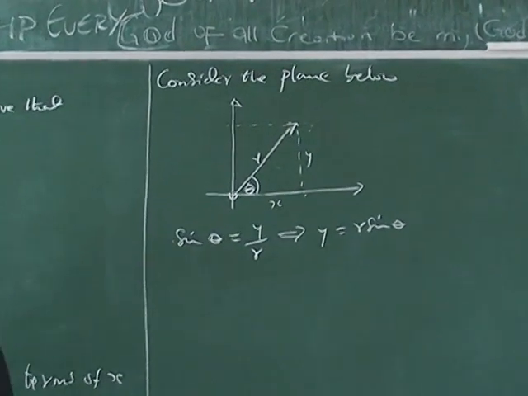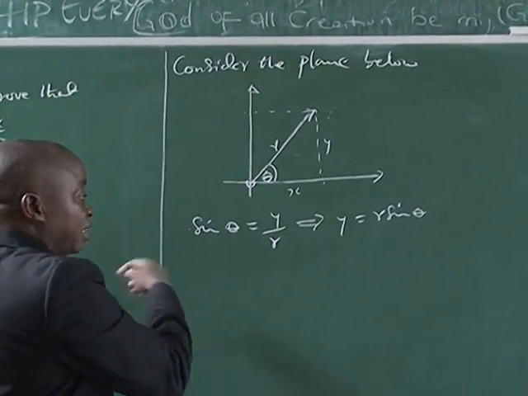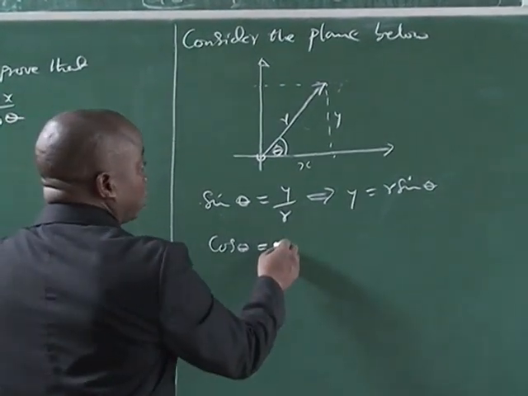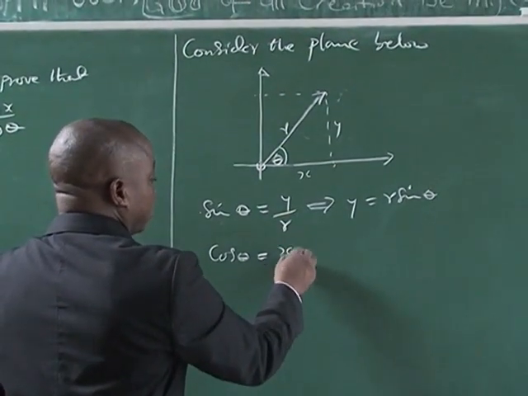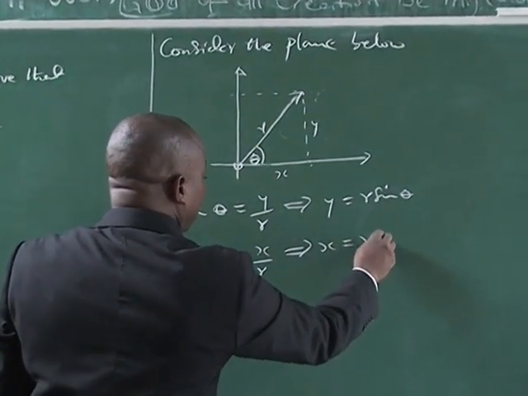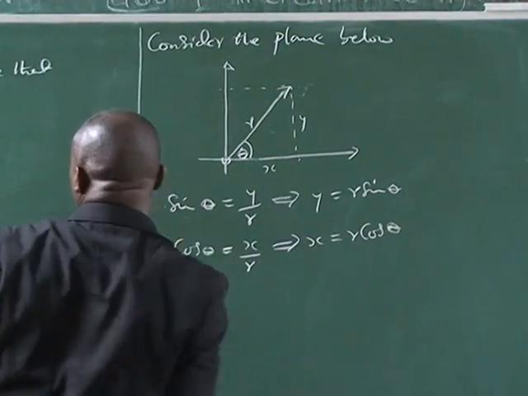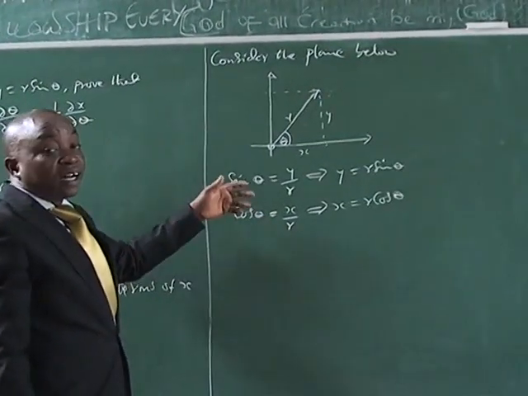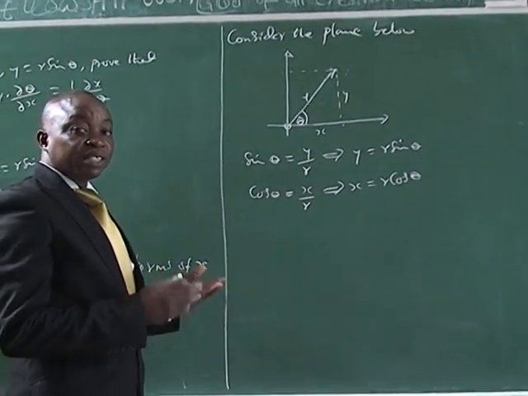So that was how it was given, that y is equal to r sine theta. Okay. Now see where the thing originated. Also, cos theta is x all over r, which also implies that x is equal to r cos theta. You see that? So remember that what we need is r. We want to express r in terms of x and y.